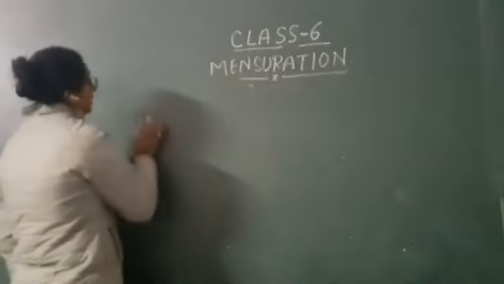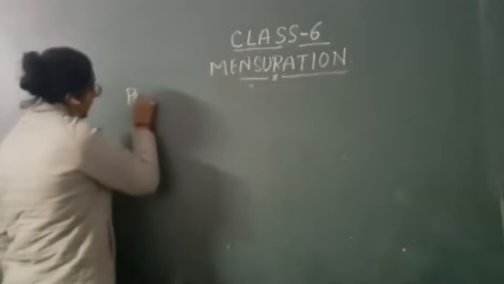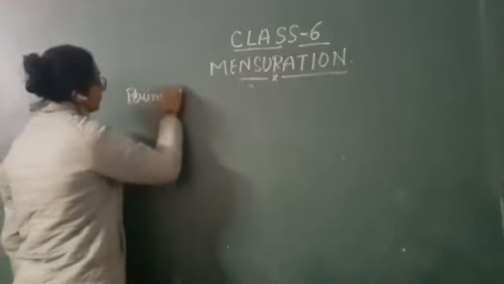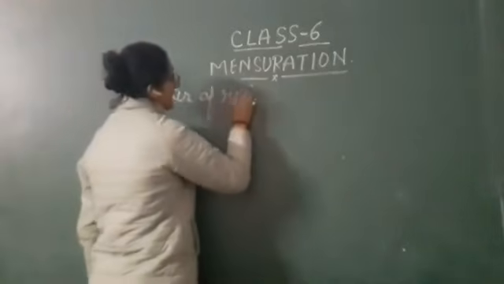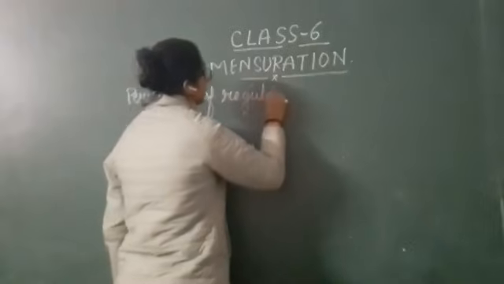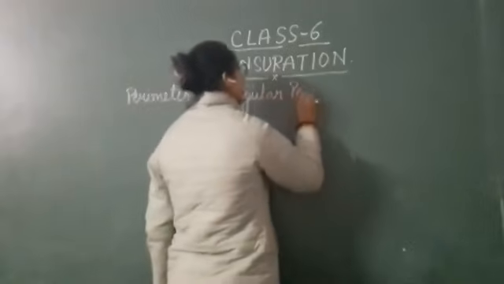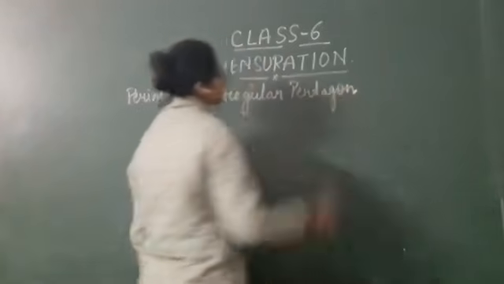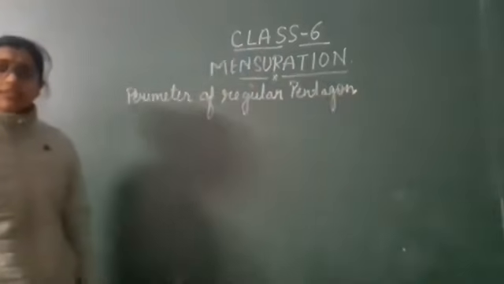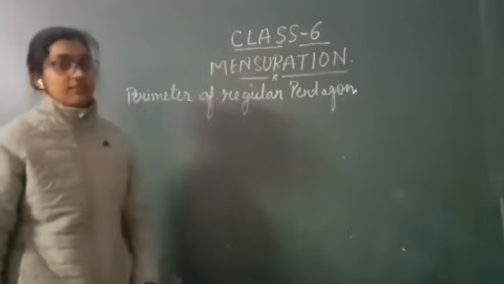If we talk about the perimeter of a regular pentagon, a pentagon includes how many sides? 5 sides.